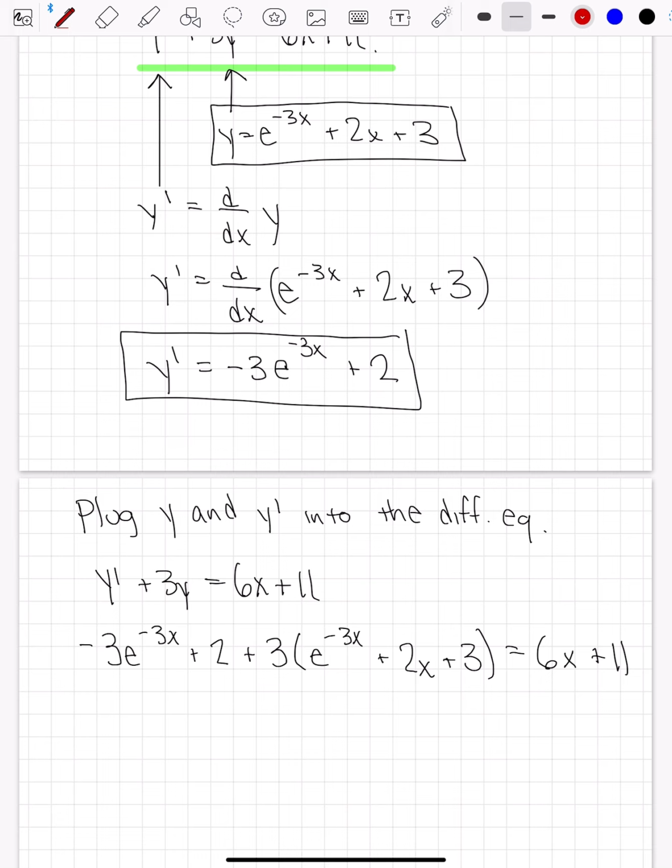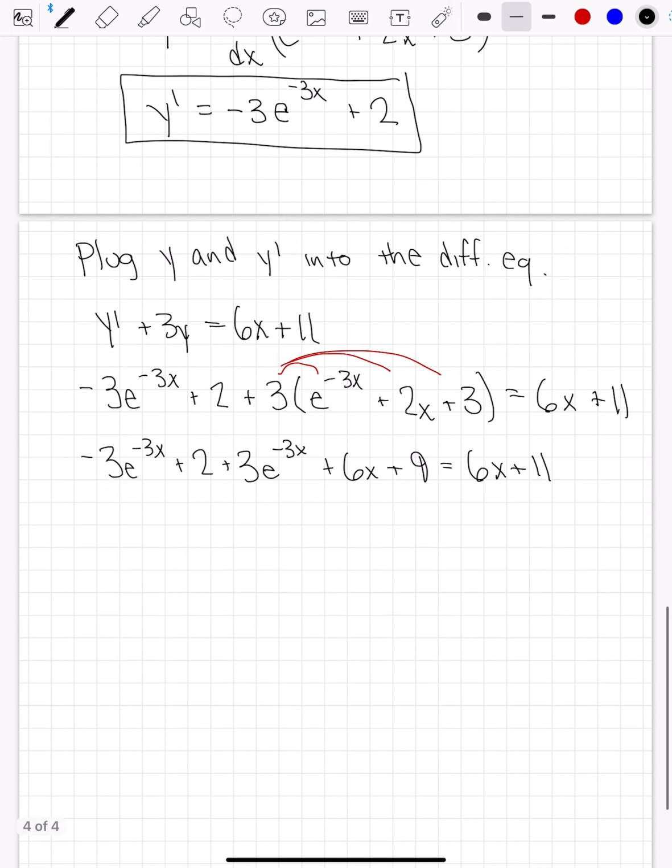The first thing we have to do, using PEMDAS, is distribute this 3 to all of those terms. So we have negative 3e to the negative 3x plus 2 plus 3e to the negative 3x plus 6x plus 9.